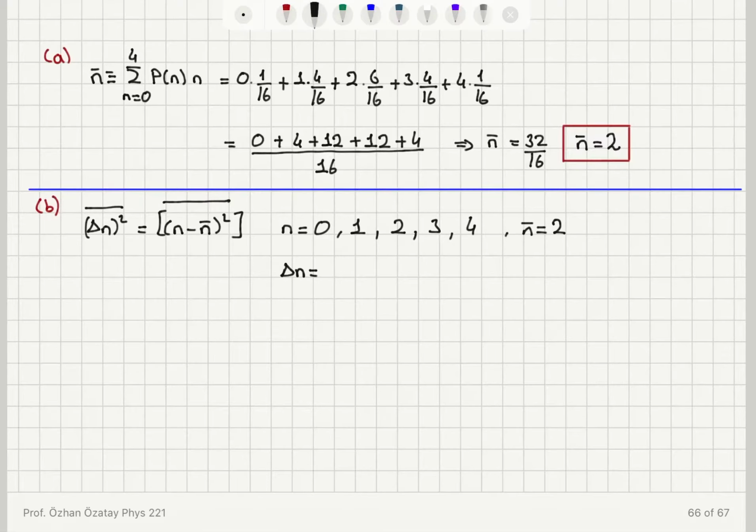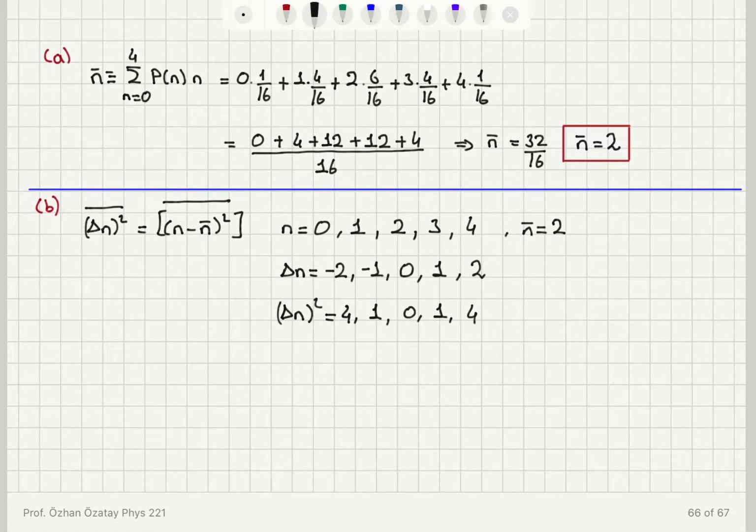So it's going to be 0 minus 2, minus 2, 1 minus 2, minus 1, 0, 3 minus 2 is 1, 4 minus 2 is 2. So what are the corresponding delta n square values? It's going to be 4, 1, 0, 1, 4.